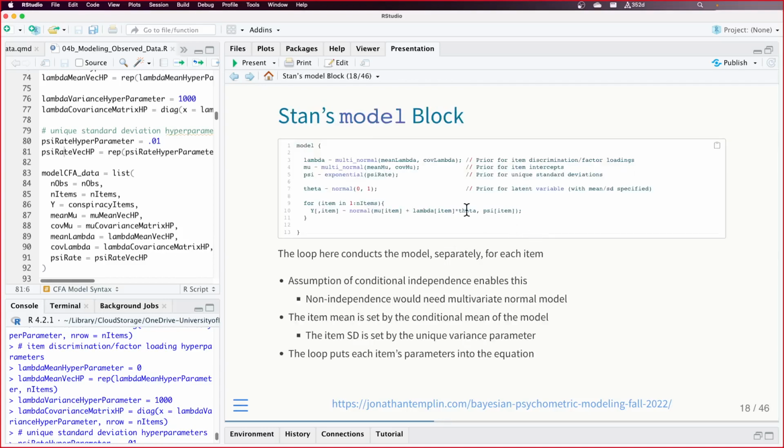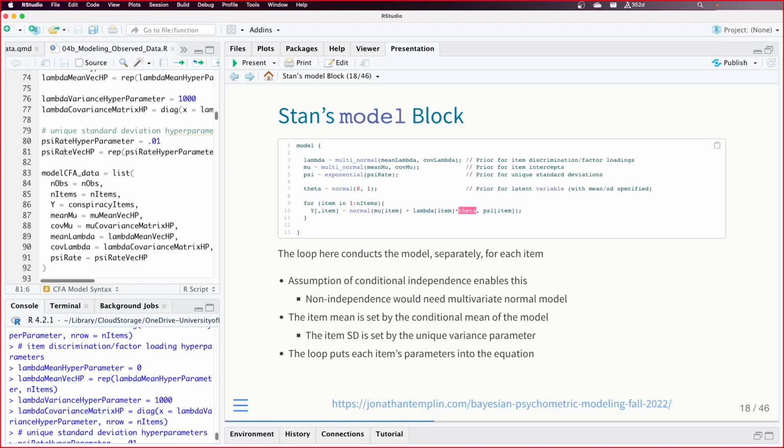If we're building this model because we're really interested in the person's theta, it turns out the posterior distribution of theta depends heavily on lambda, right? And the bigger lambda gets, the more information for theta is given.